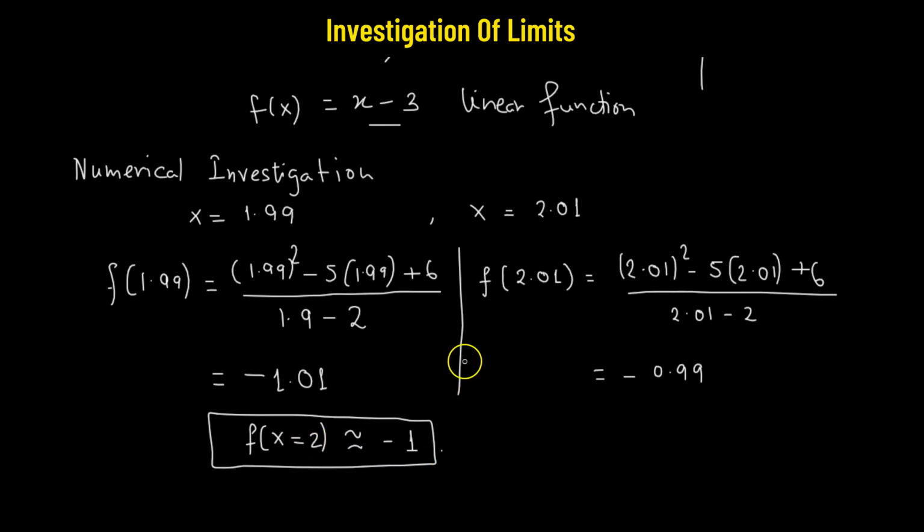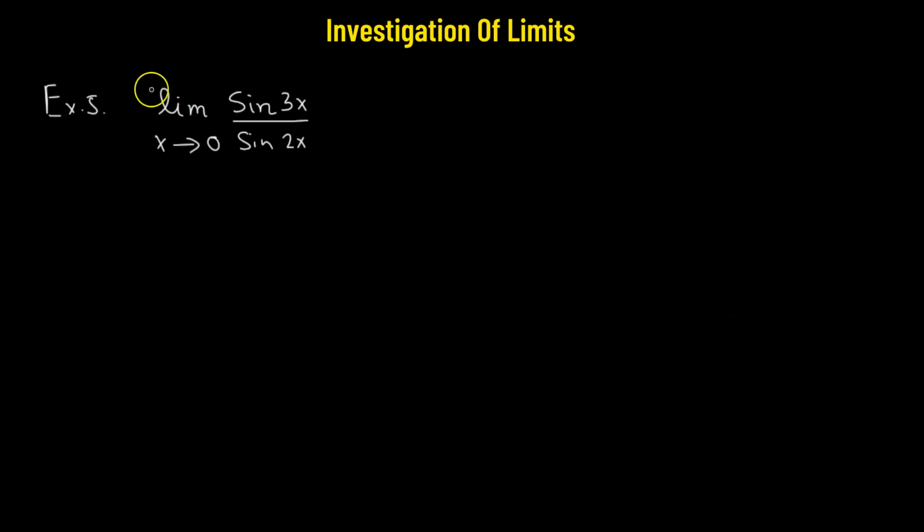Let's do one final problem. Problem number 5. We need to find the limiting value of the function sine 3x over sine 2x when x approaches 0. So we have the function f of x given by sine 3x over sine 2x.